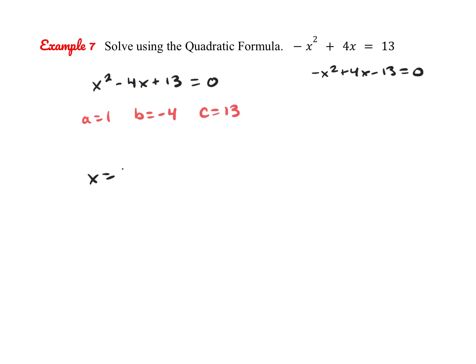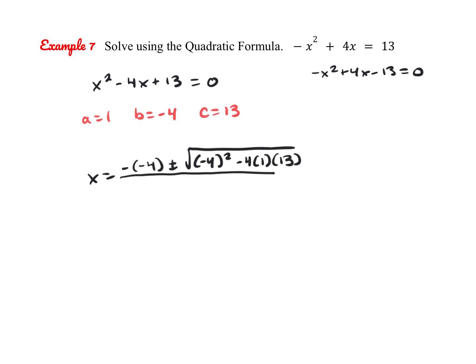So we have x equals negative b plus or minus the square root of b squared minus 4 times a times c all over 2 times a. So let's start simplifying. Here we have 4 plus or minus the square root of positive 16, and then minus 52, all over 2.